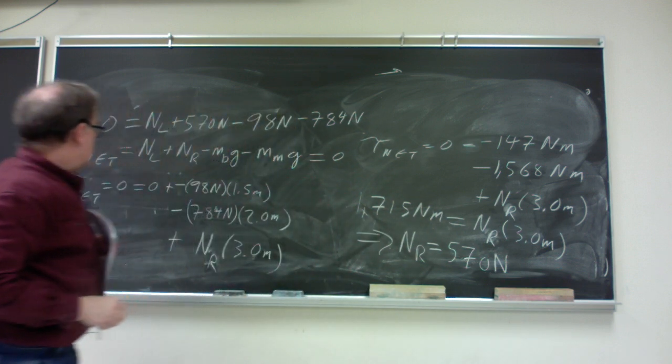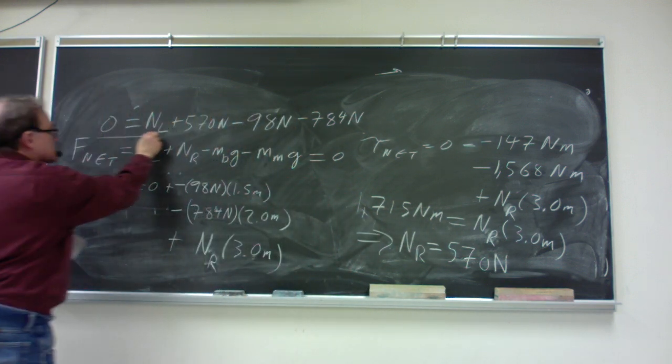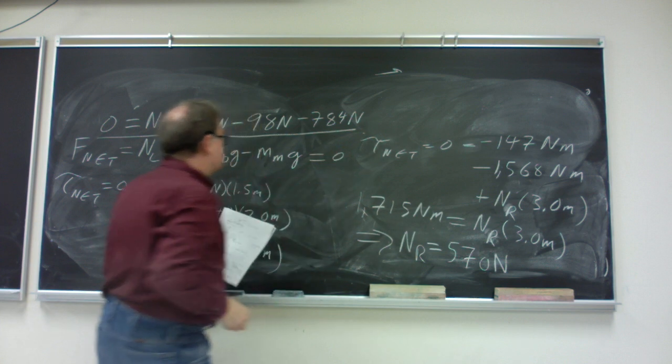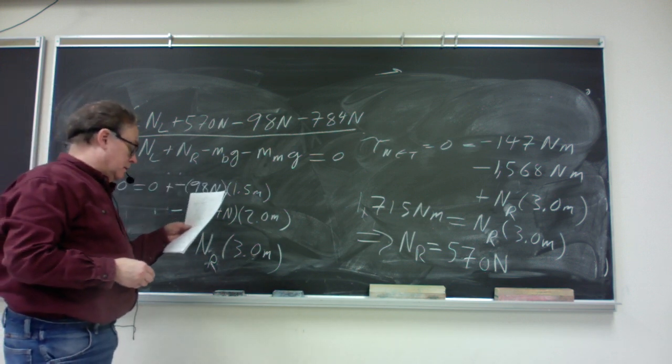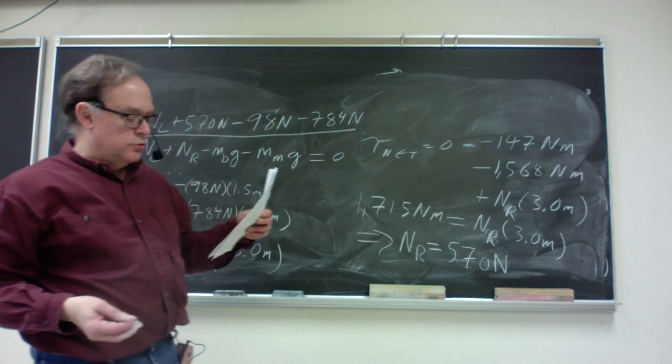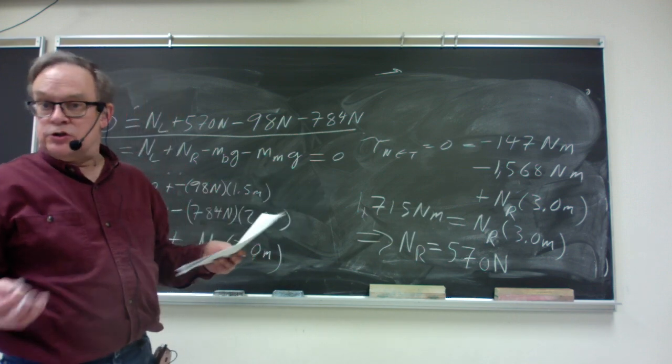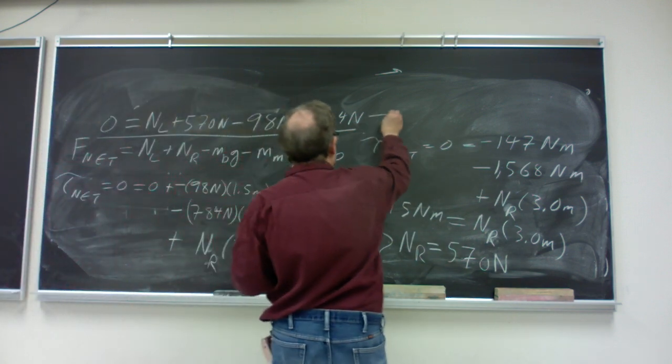And that all has to add up to 0. And when you do the arithmetic there to figure out what NL is, you'll find that it comes out to about 312 newtons, or we'll round it off to just 310 newtons.